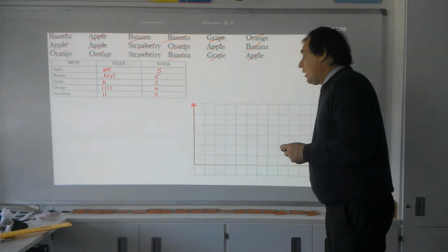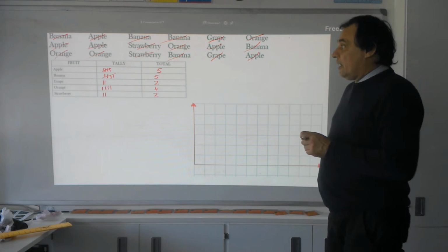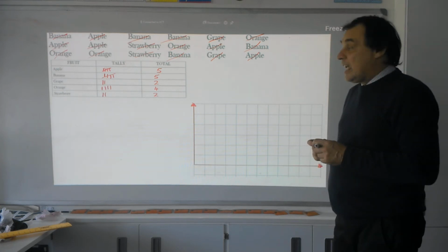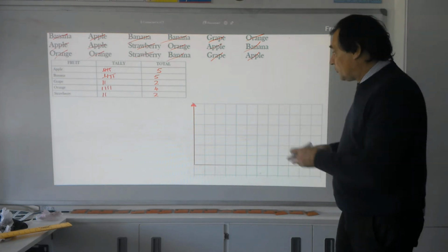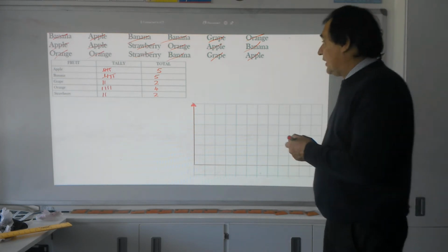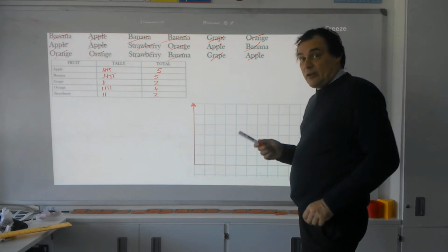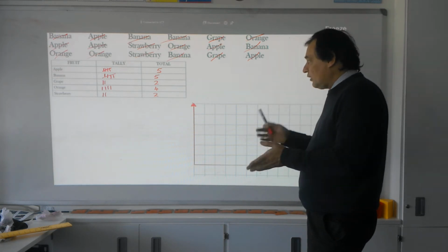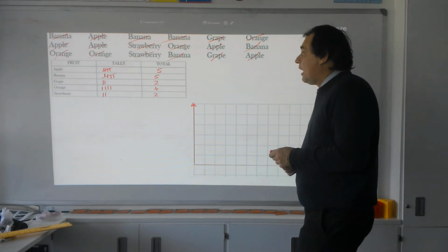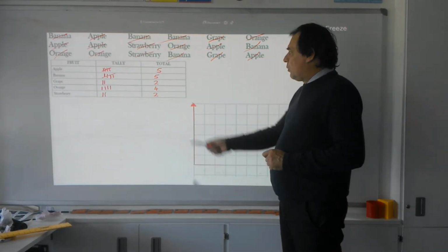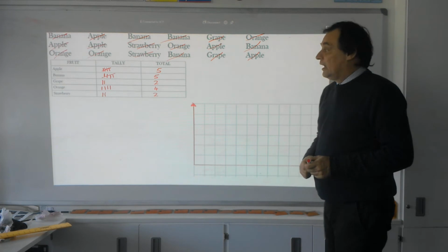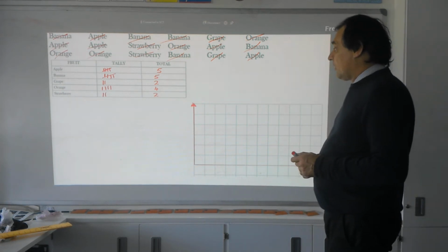Now we've done that, we're going to put the information in the tally chart into a bar chart here. So I've drawn axes for the bar chart. Now when you're drawing a bar chart, it's very important to choose your scales correctly. To do that, first of all, I'm going to look at the largest number I've got here, and that is 5.